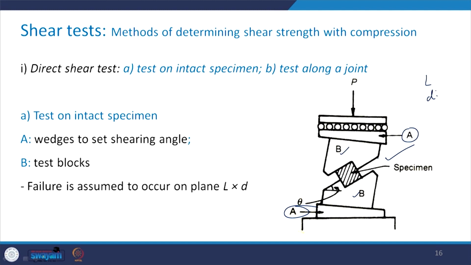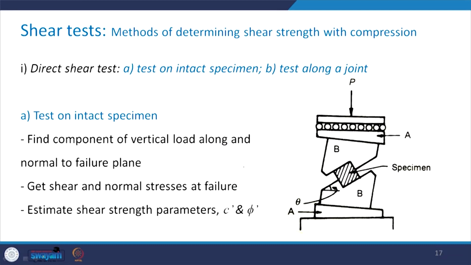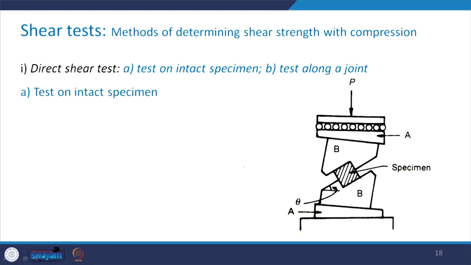So, the failure is assumed to occur on the plane L by D. What we need to do is find out the component of this vertical load along and normal to the failure plane, and then we can get the shear and the normal stresses at failure, and we can estimate the shear strength parameters. Let us see how this is done.